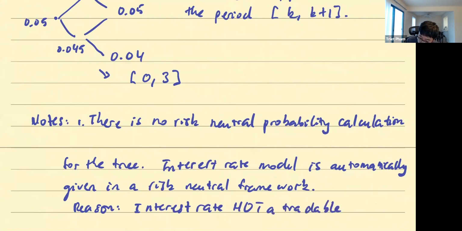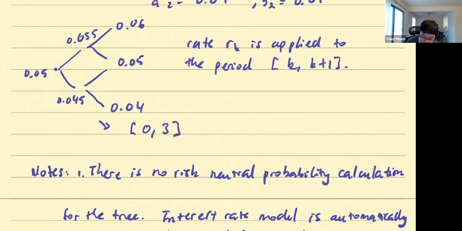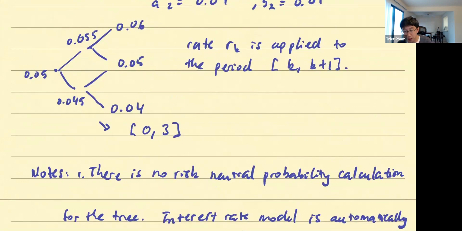So we cannot use this tree itself as a determination for risk-neutral probability. So we must accept that the probabilities are given.